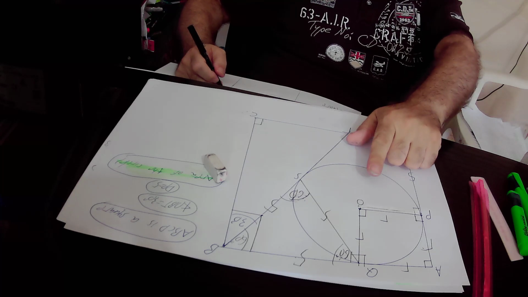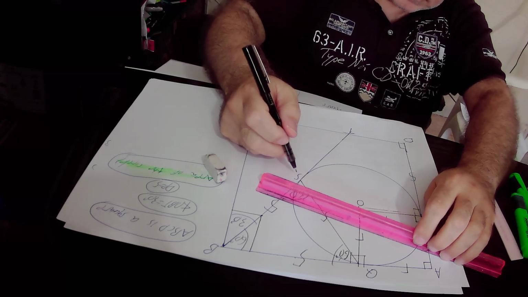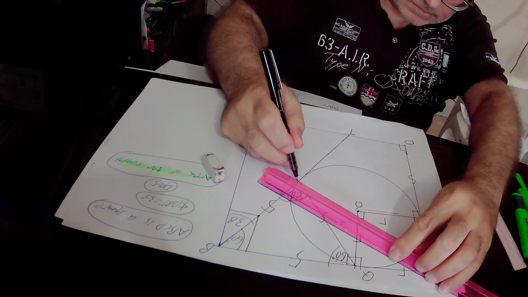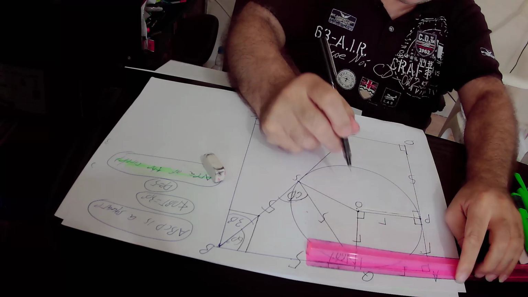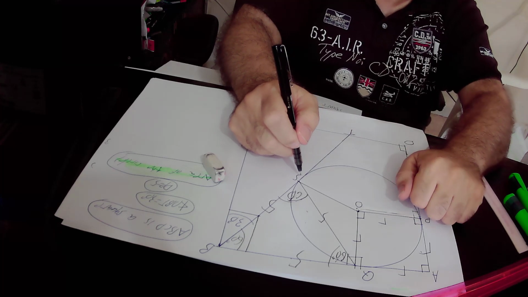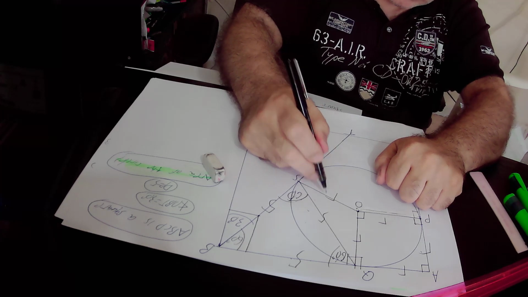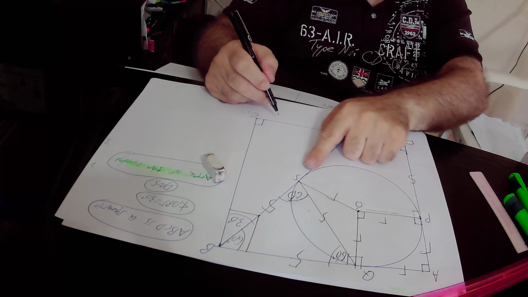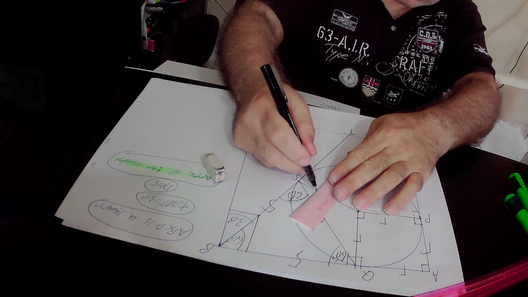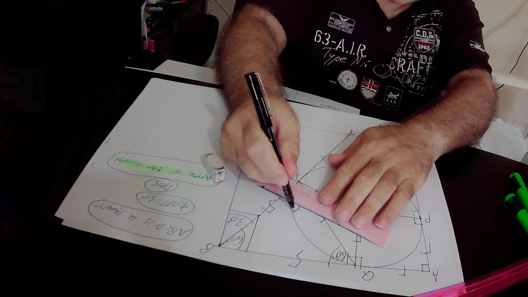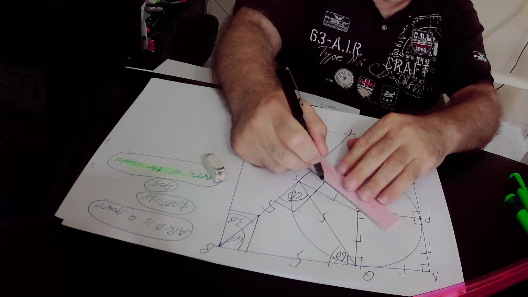We join points O and S together by a straight line. Point O is the center of the circle, point S is a point on the circle itself, therefore OS is the radius of the circle that is equal to R. And we have the radius OS that is drawn to the point of tangency, therefore, according to rule number 1, this angle will be equal to 90 degrees, and this angle will also be equal to 90 degrees.